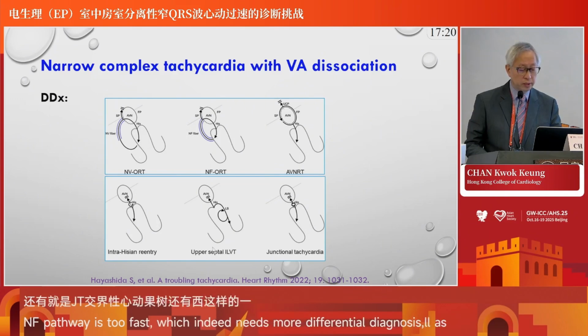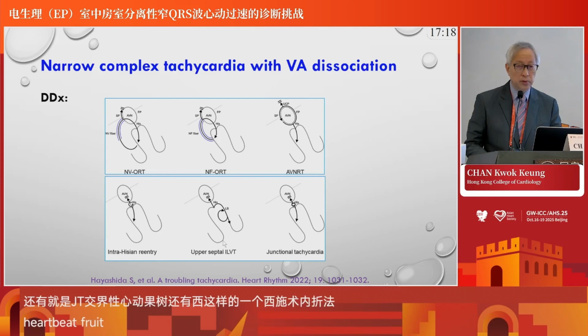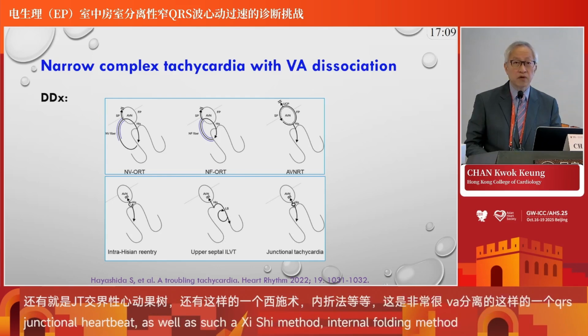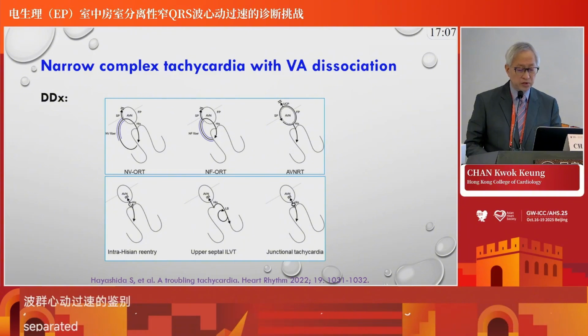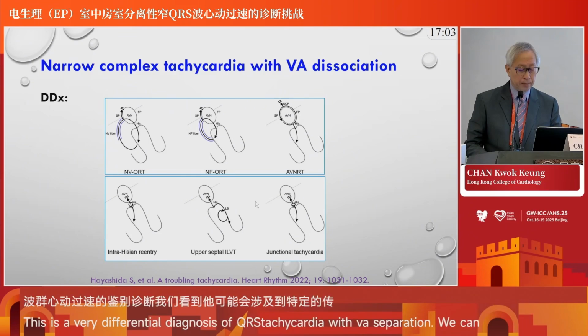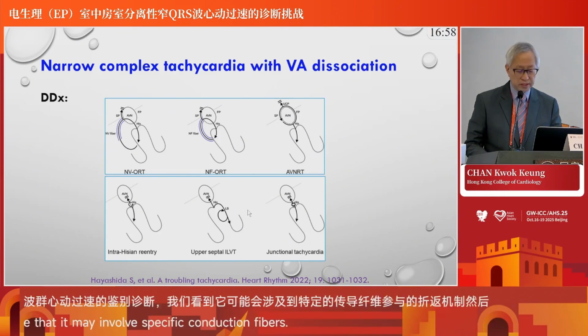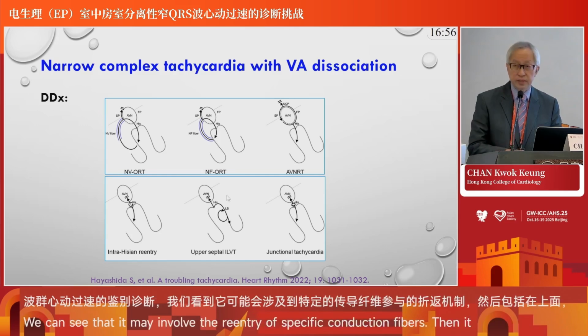In intrahisian reentry and upper septal idiopathic left ventricular tachycardia, because the circuit is in the fascicle, the ventricular tachycardia is of narrow complex. In junctional tachycardia, the block again is in the node. And you can see that out of these 5 differential diagnoses, one is VT, and all the others are SVTs.